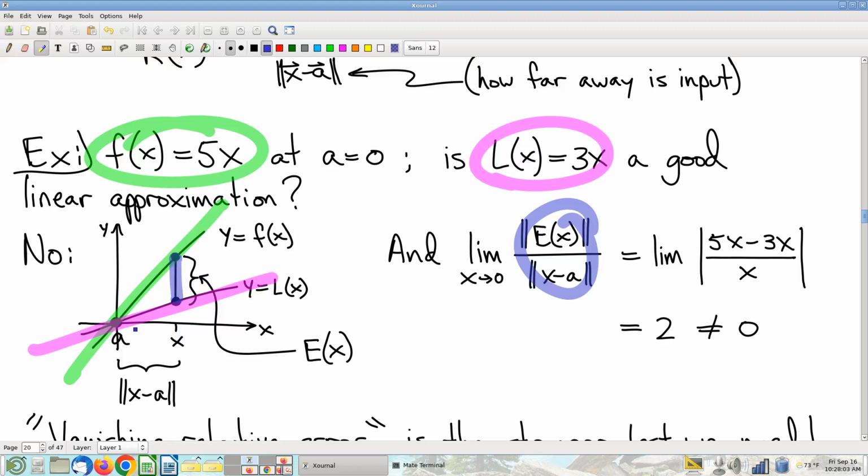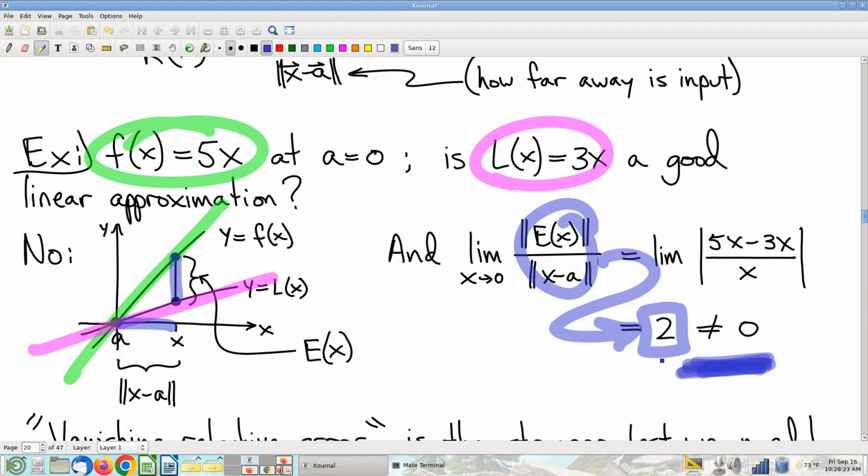It's that divided by this, right? It's how far off am I divided by how far away am I? And that relative error approaches 2, which is not 0.